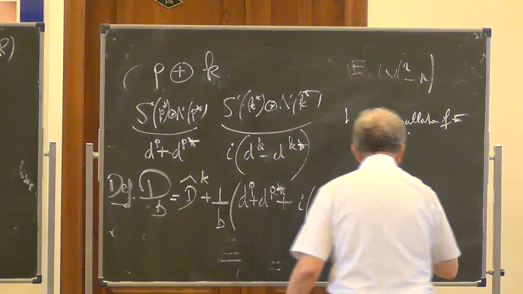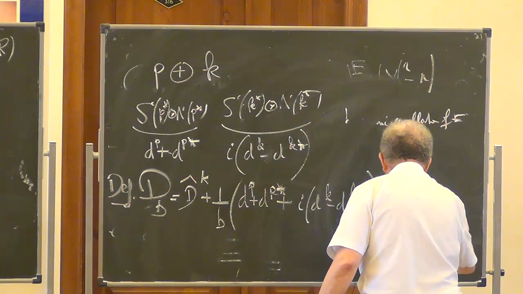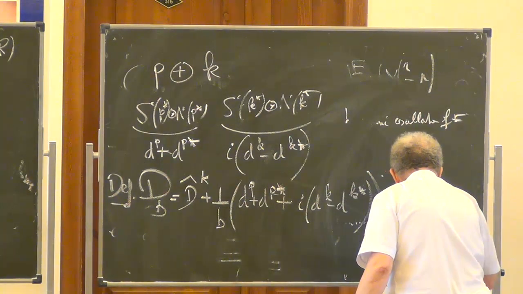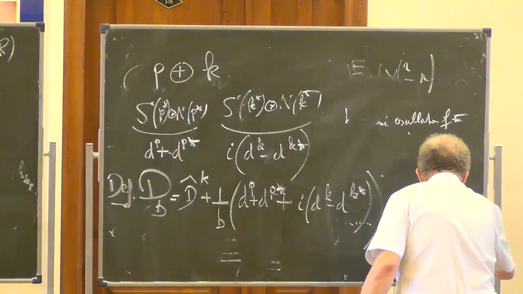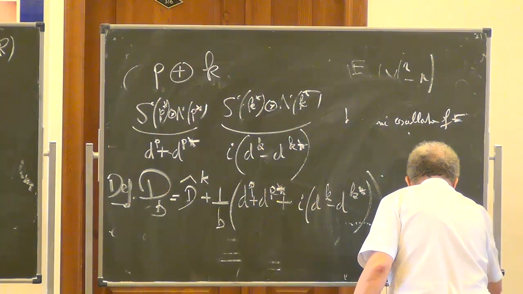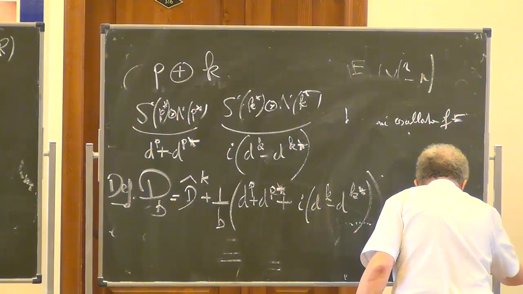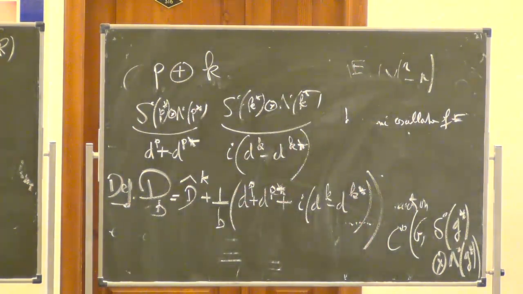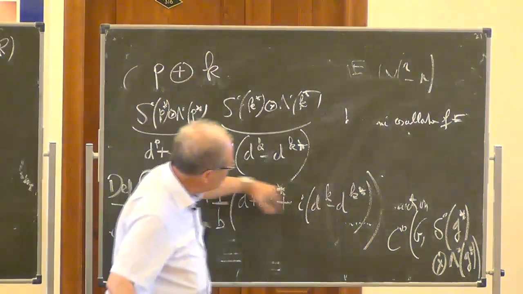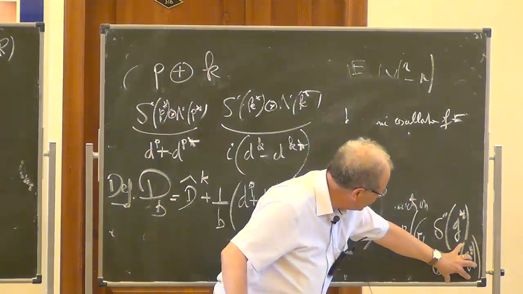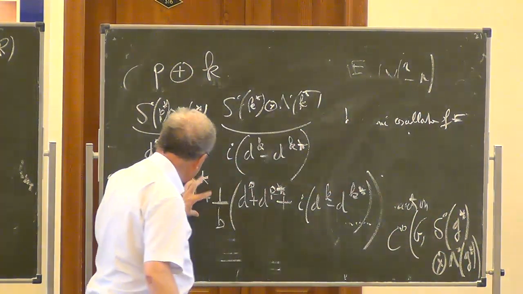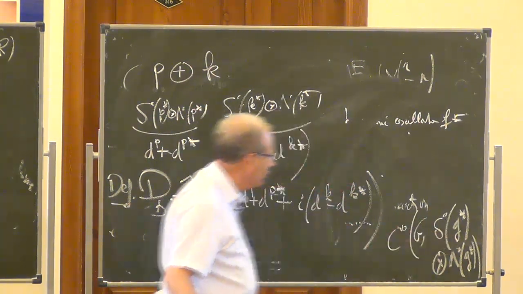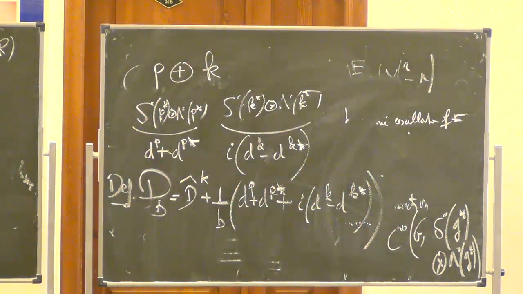And this acts on C infinity of G with values, let's say, in the symmetric algebra of G star tensored with the exterior algebra of G star. In other words, this piece here acts on this symmetric times exterior, and the other piece acts on smooth functions with values in the same thing. So ultimately, we get a full operator.